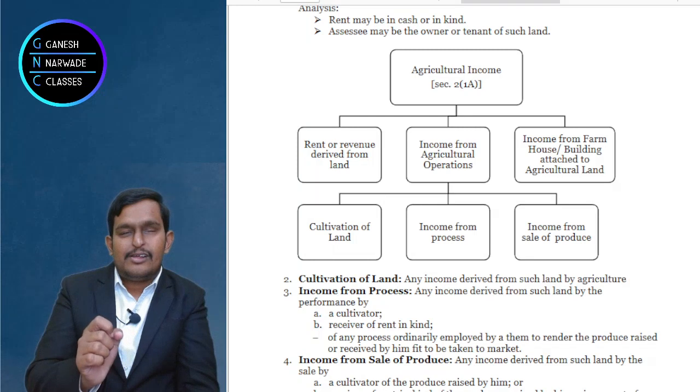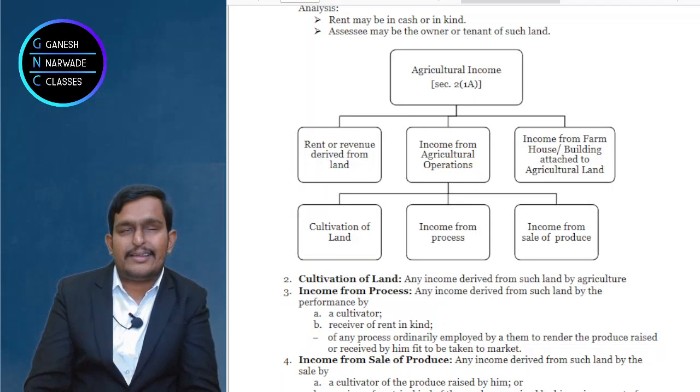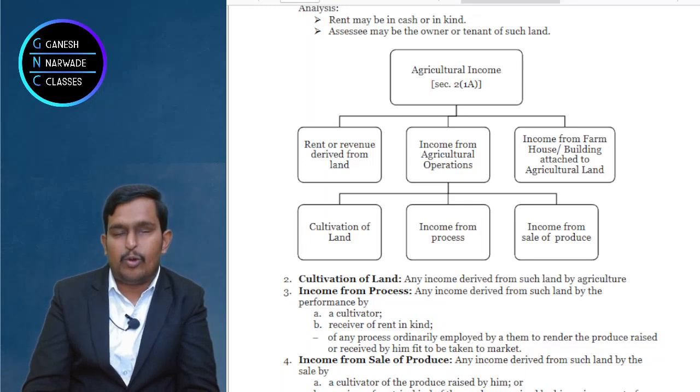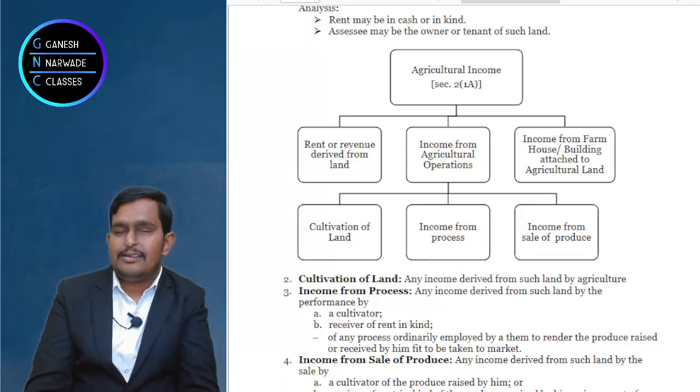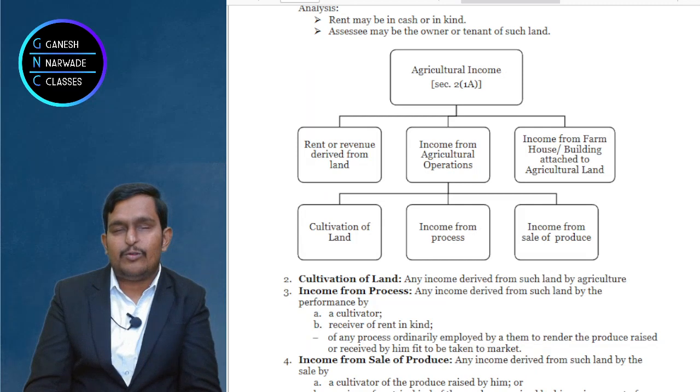Correct? So anybody can process it and that becomes agricultural income. Okay. Now comes the next point, that you sell. Who can sell? Again the cultivator can sell, or the receiver of rent in kind can sell. What's wrong with it? Right?